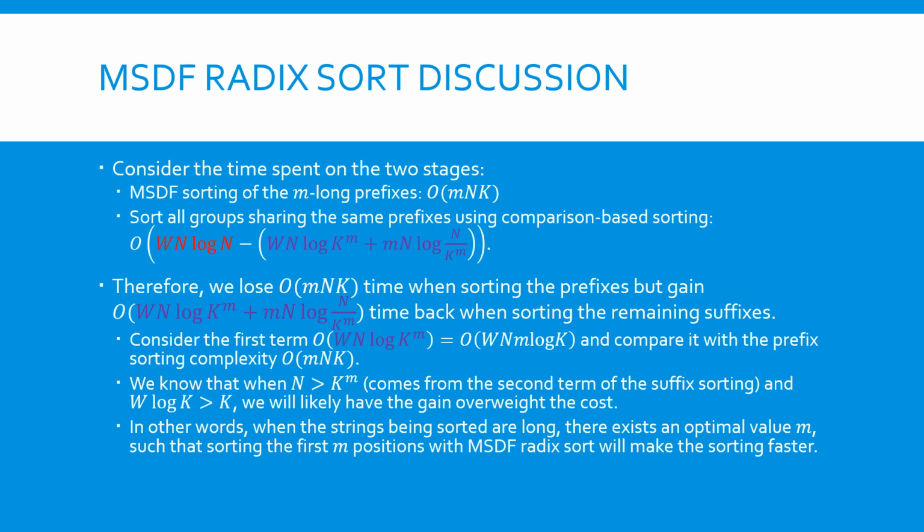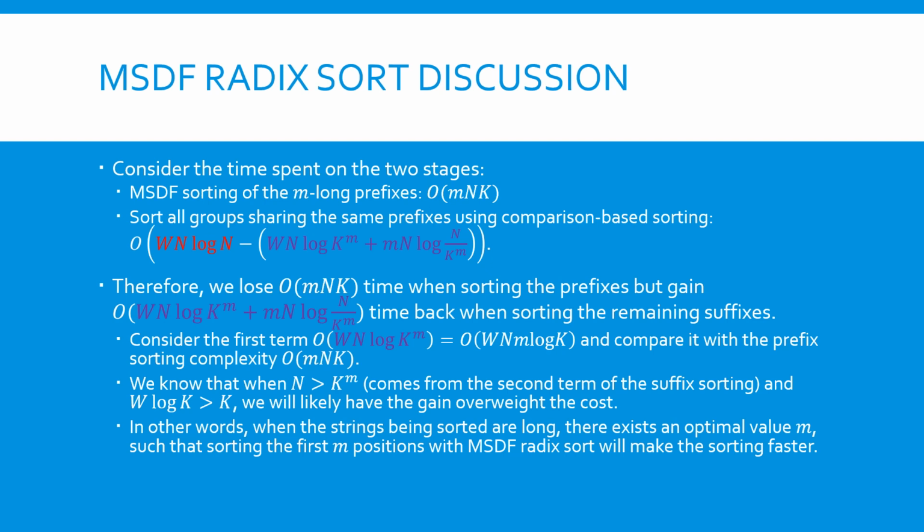Now, decompose the time spent on the second phase into two parts, as shown here in the red and purple, respectively. You will find that the red part corresponds to the time required by direct comparison-based sorting without MSDF Radix sort. The purple part corresponds to the efficiency gain after MSDF Radix sort. Now, compare the cost of MSDF Radix sort with the gain.